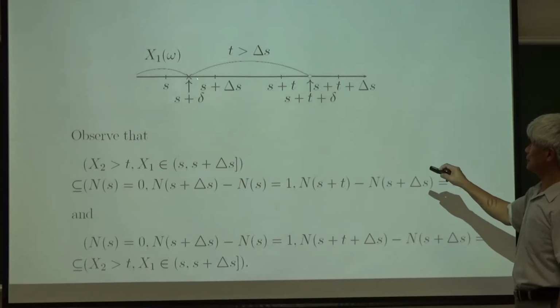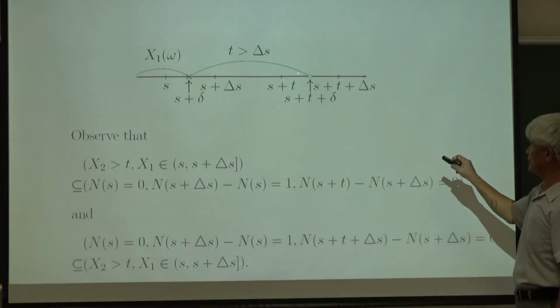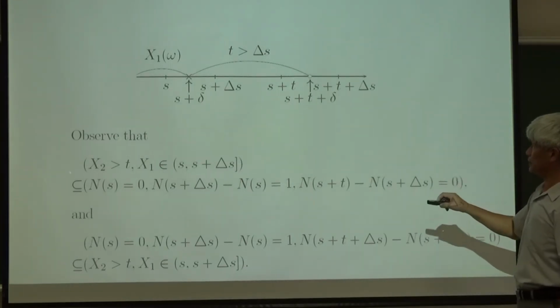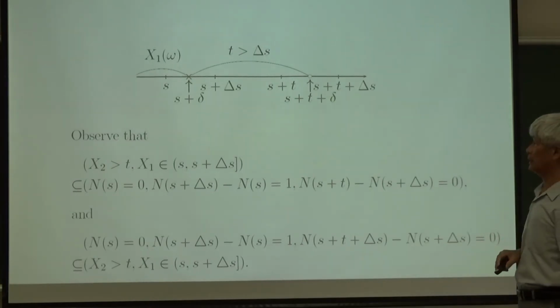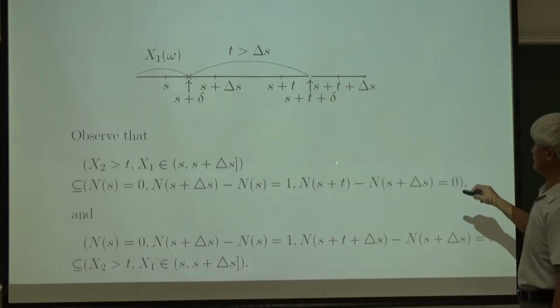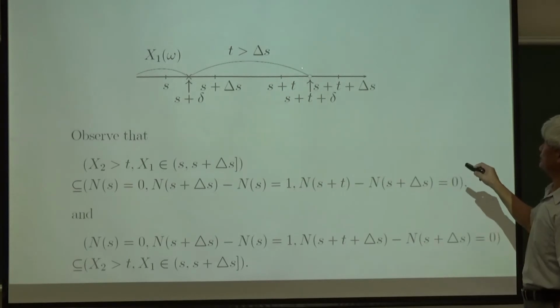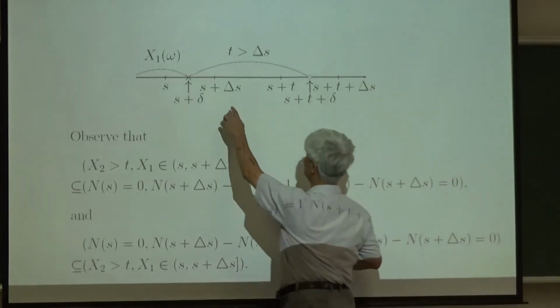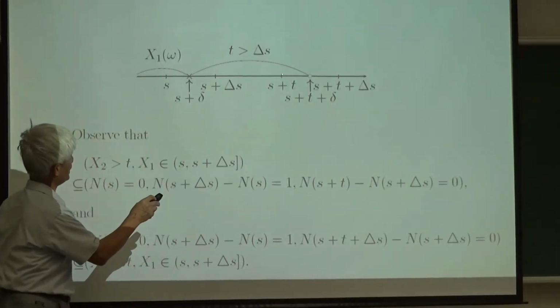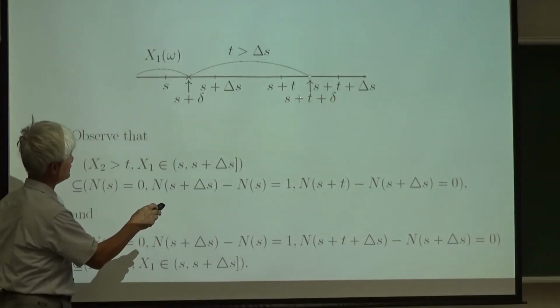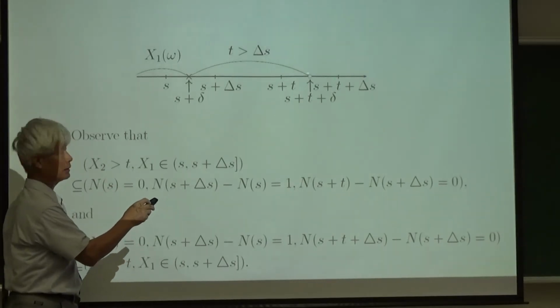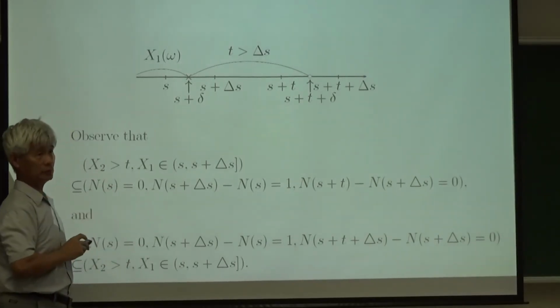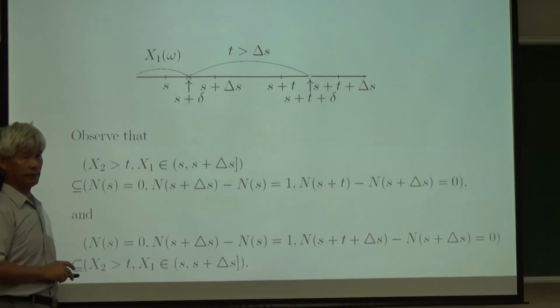Otherwise, if you have a mark here, then the interval time should be less than T. Right, and so when we consider from here to there, because S plus T is less than S plus T plus delta, in this time interval there is no arrival. So I put 0 here.